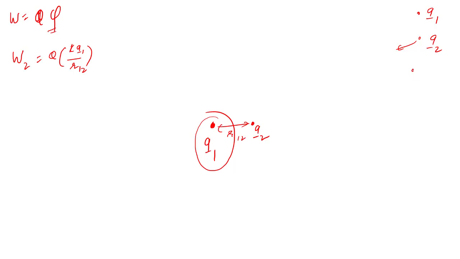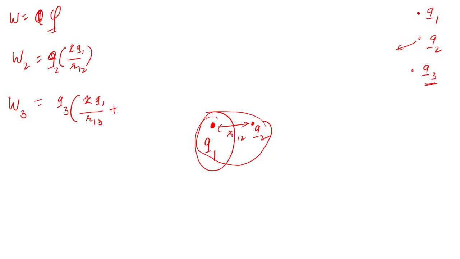Now, if you want to bring another charge Q3, then this Q3 will feel the effect of both Q1 and Q2. So the work done to bring that charge would be Q3 times the potential from the first one, KQ1 by R13, plus KQ2 by R23.